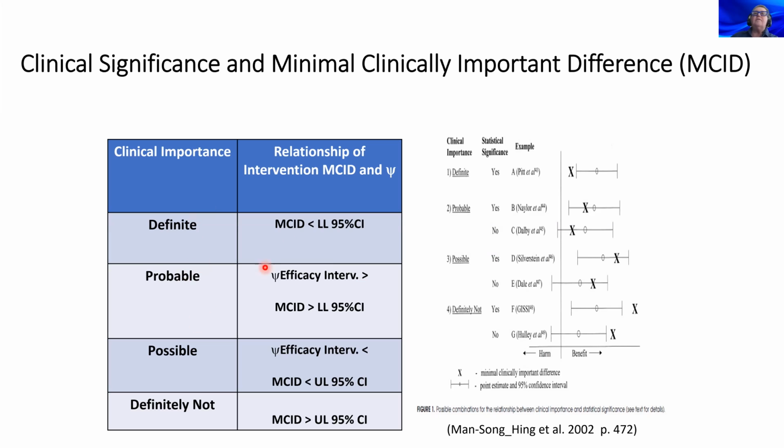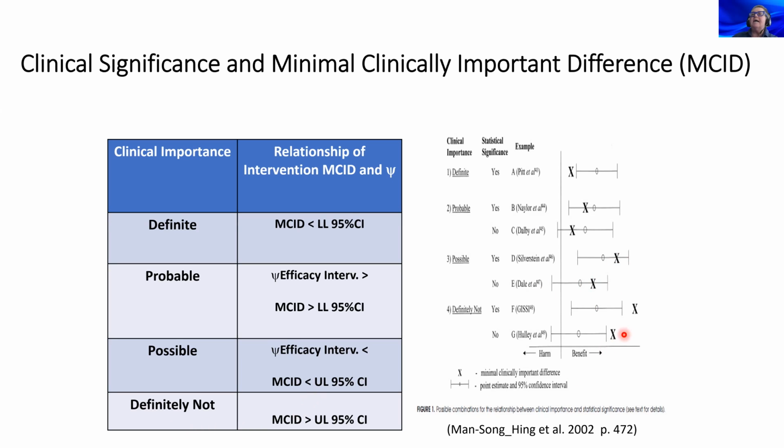So for all of these different combinations, so probable, we see where the MCID is relative to the confidence interval, and then also to the 0 line, and whether it would be statistically significant or not. So we could have situations where our data is not statistically significant, but it is probably clinically significant. And then we could have the possible scenario, and we look at what's happening in terms of the confidence interval and the width and the location of the MCID.